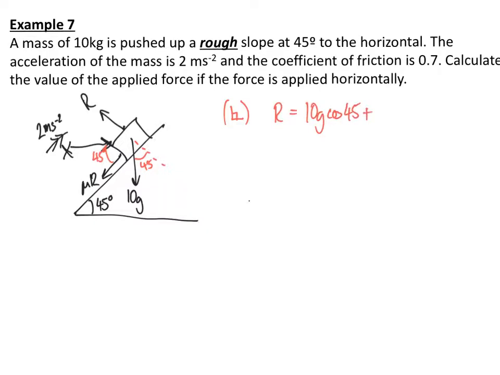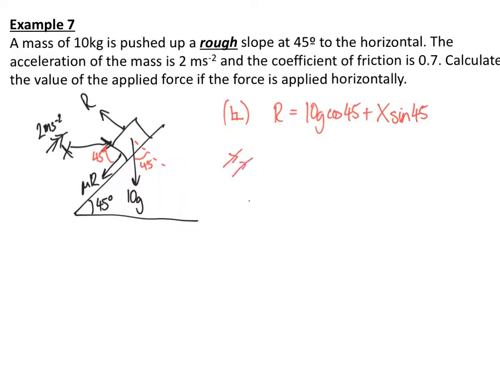But we've also got this force X that's acting into the slope. And if I want to resolve it so that it's acting this way, I'm going to have to move it away from the 45 degrees there. So that's going to be X sine 45. And we just leave that for the minute. We can't do much to that just for the moment. So what do we do next?